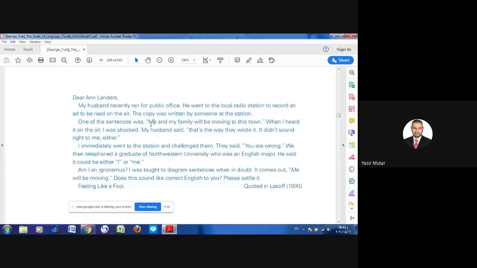Me here is an object pronoun. Usually we see this pronoun in the middle of sentences rather than at the beginning of sentences.